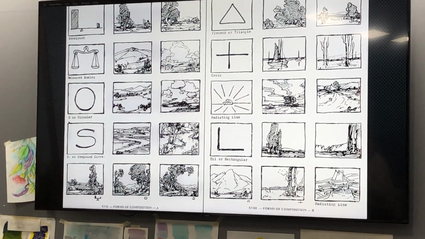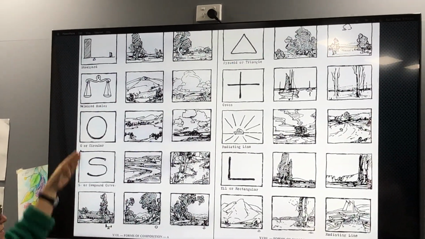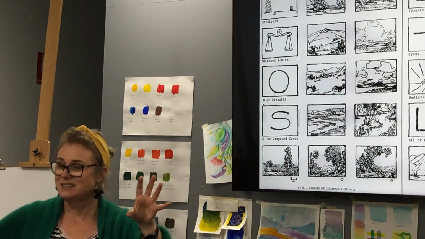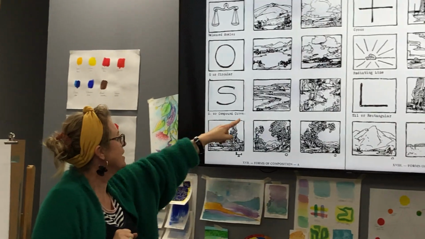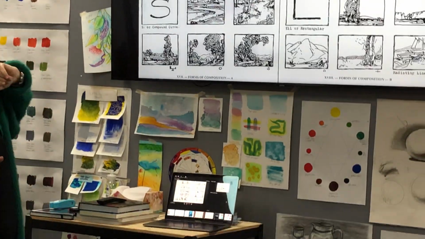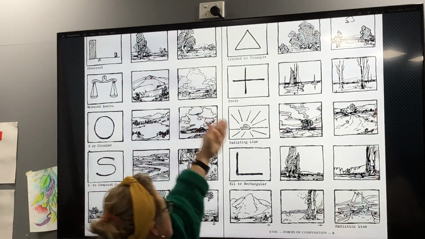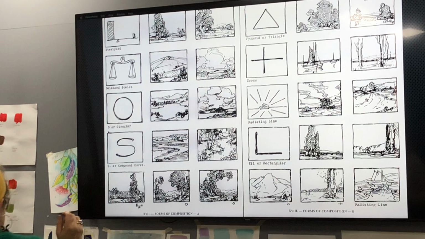Balanced scales, so that I would call, what's it called, when things are completely symmetrical. Yep. And obviously the S-curve is just taking the river up there. It's just showing you a few, and then the cross one, that's a good one too. That's used in a lot of ships. Or a tree.